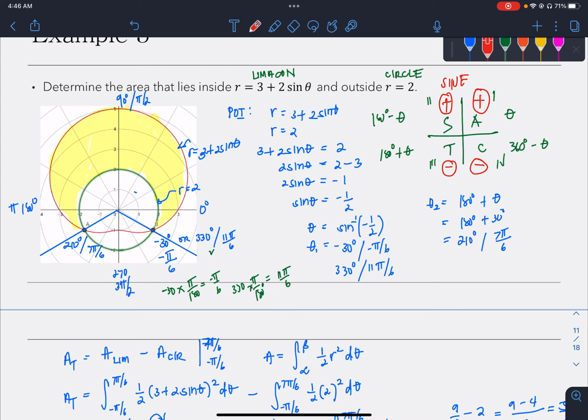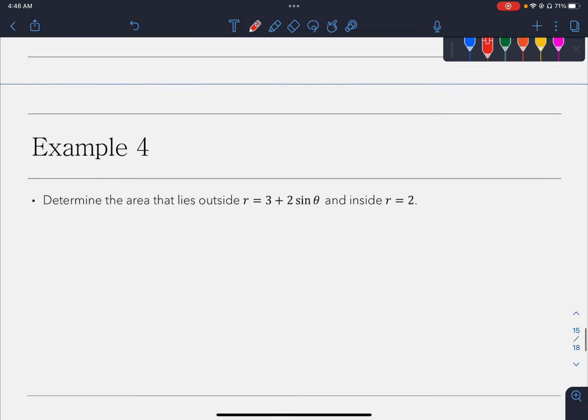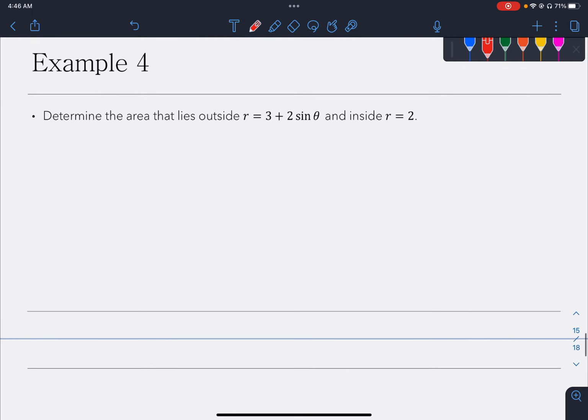So that lies inside 3 plus 2 sine theta, but outside r equals 2. So let's have another one. It's the same example, but it talks about a different area.